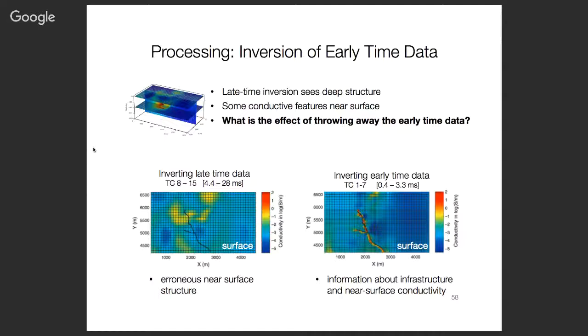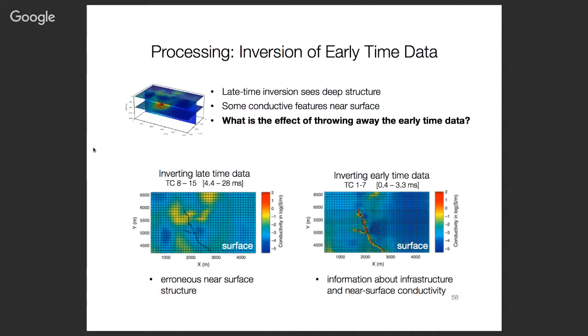This conductivity model is actually reflective of a power line that's going out there, and also perhaps a little bit of additional infrastructure.